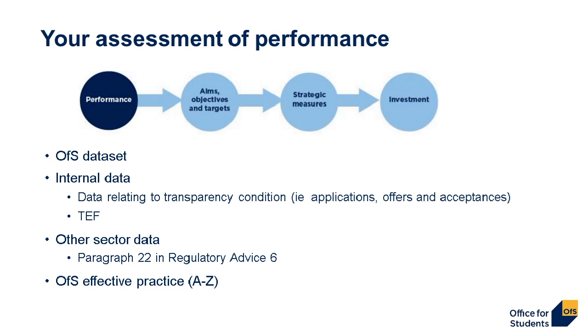Some of these guides also include links to reports that could be useful to help conceptualize different areas or supplement your data where data is limited. For example, the Effective Practice Guide on Care Leavers provides links to reports from the Department for Education and the National Network for Education of Care Leavers. So these guides are quite good to use to just get some conceptual understanding of these groups.